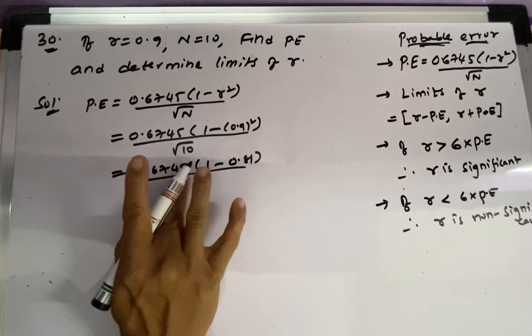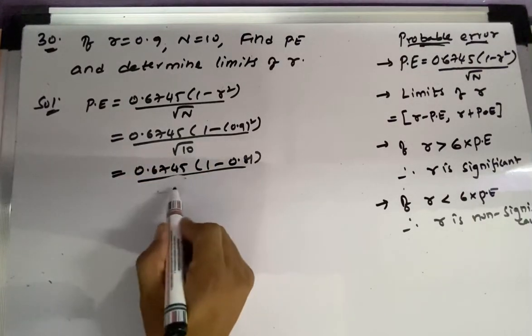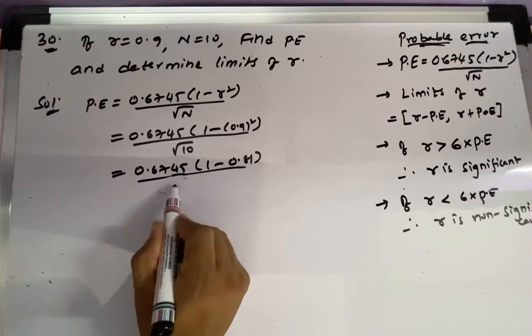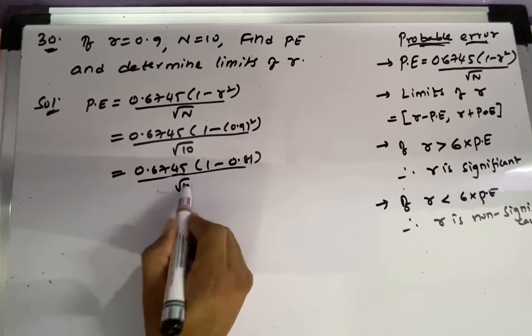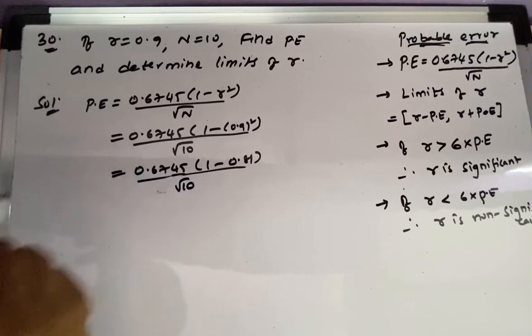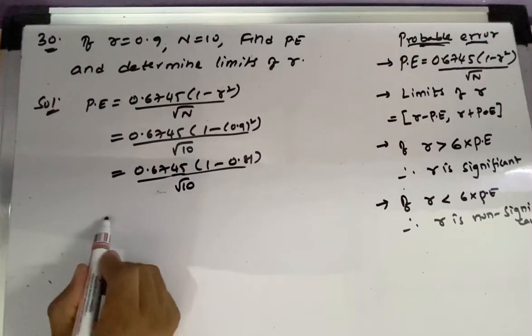Root 10 value we will write now, 3.16 or so, anyhow you will get some value when you simplify this one.